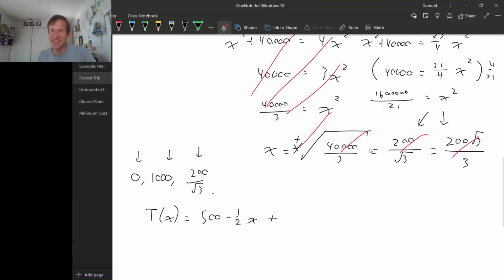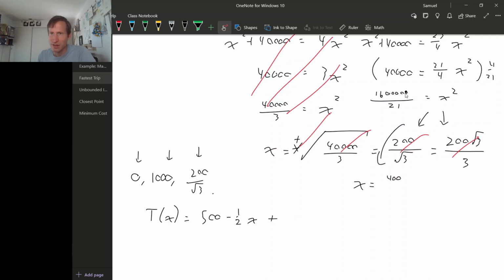And so our actual value here is, again, I'm going to ignore the negative possibility. Do I have one too many zeros here, don't I?